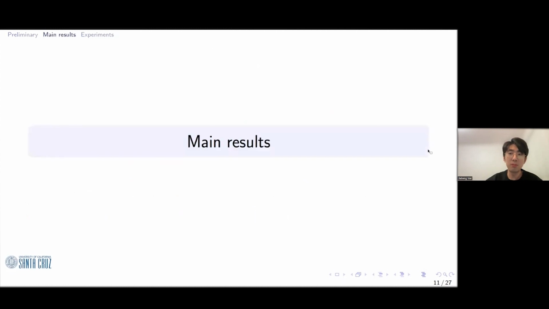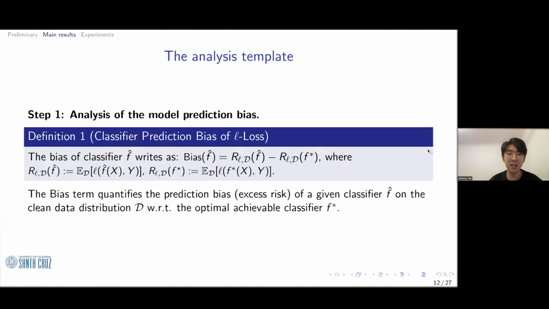Next, we provide a theoretical template to analyze the preferences between label separation and label aggregation. Our first step is to analyze the model prediction bias. Suppose we have a pre-trained classifier f hat, whose bias we define by referring to the Bayes optimal classifier f star through this performance gap.